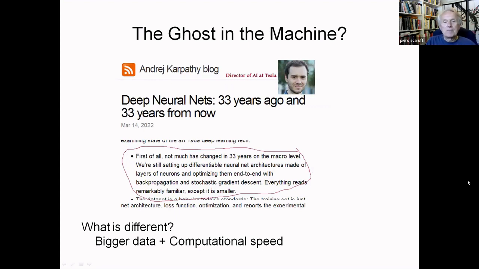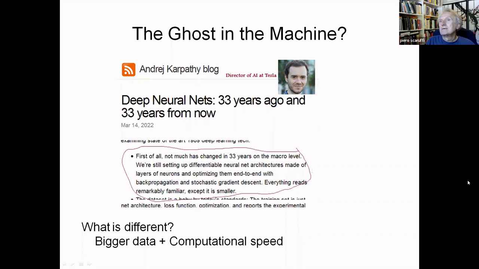Now, Andrej Karpathy was director of AI at Tesla, and before that, I believe, at Stanford. Besides being one of the great scientists of AI, he's also an interesting intellectual. He published something, a paper, or it was just a post on his blog.